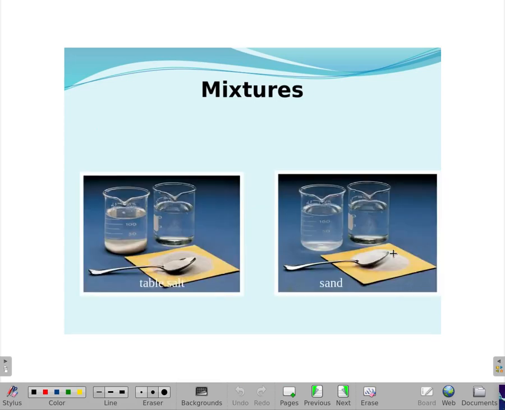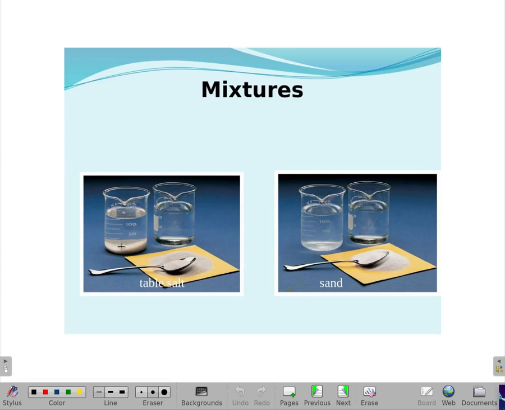All right, so I've got this picture to talk about some of our mixtures. Now, I'm pretty sure I got my labels backwards here, because most of you know that if you put table salt in water and stir it really well, you can dissolve that, and you would get something more clear looking. Yet if you were to put sand in there and mix it up, it might look uniform if you spin it fast enough, but as soon as you stop swirling it, the sand would settle out.